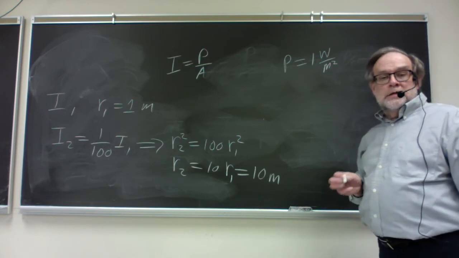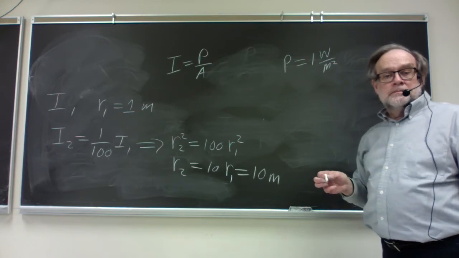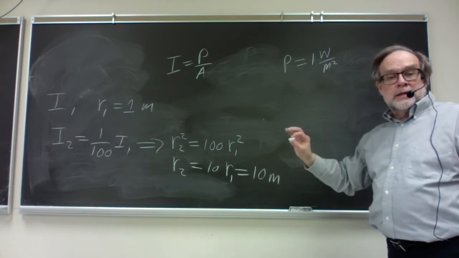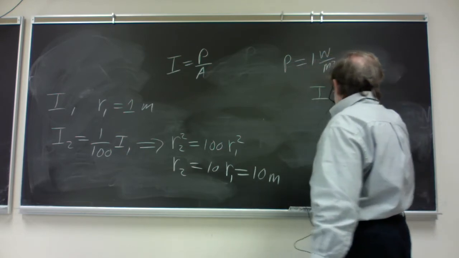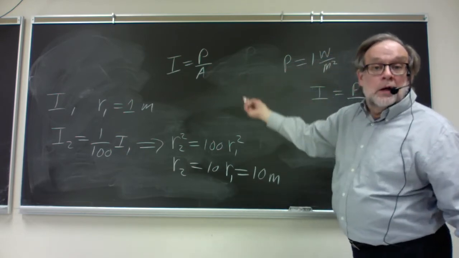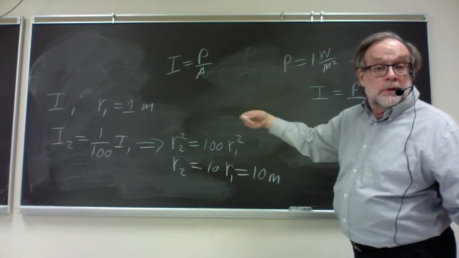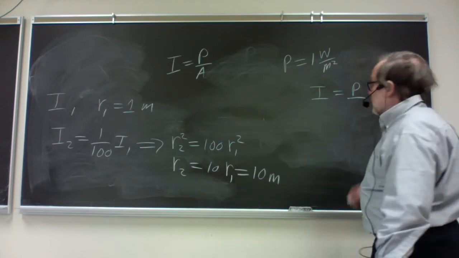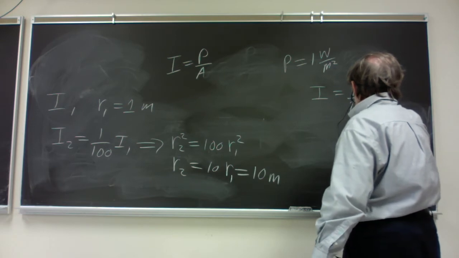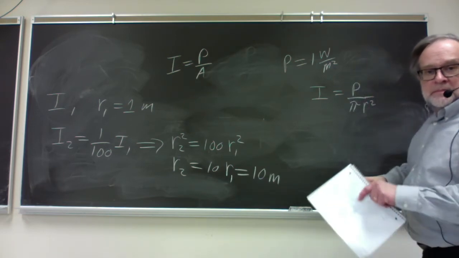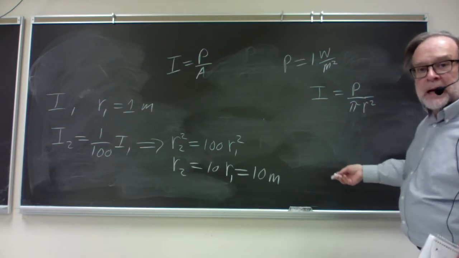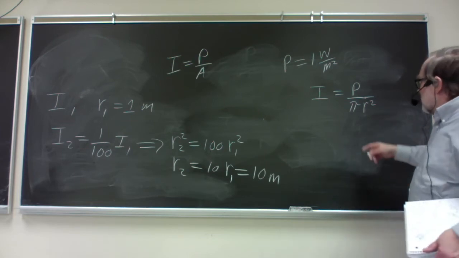So the intensity of the light delivered to that spot is just power divided by the area of that spot. Area of a circle, so pi r squared. Right, in this case, r is not a distance from the source, it's the size of the circular spot on the screen.